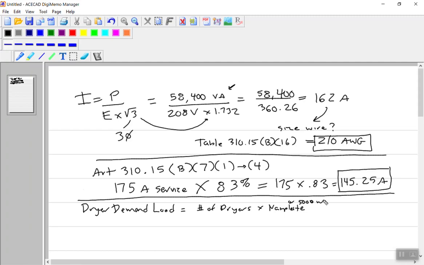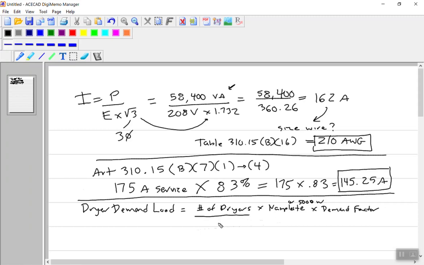Talked about that. Times the demand factor, right? So I know it's a lot of words, but it should make sense, right?